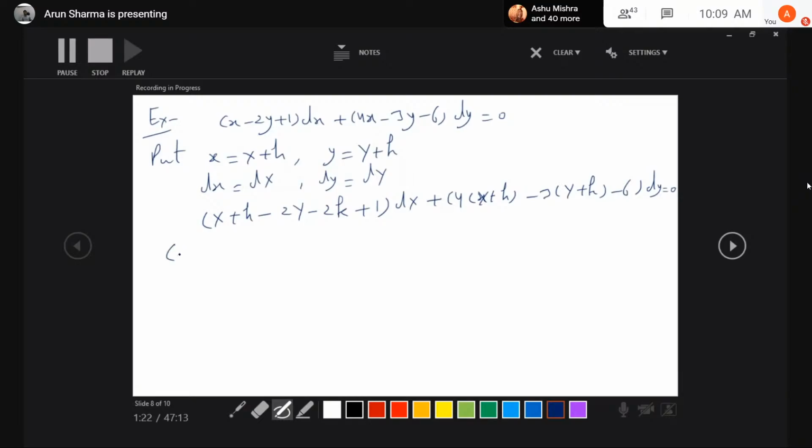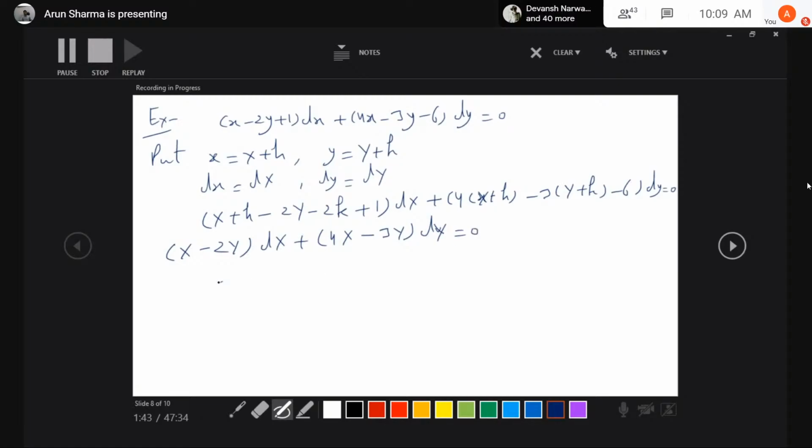So this will become (X minus 2Y) dX plus (4X minus 3Y) dY equals to 0.